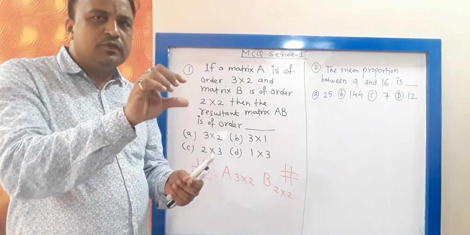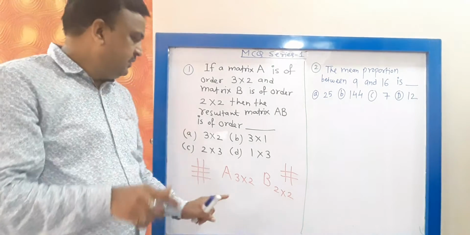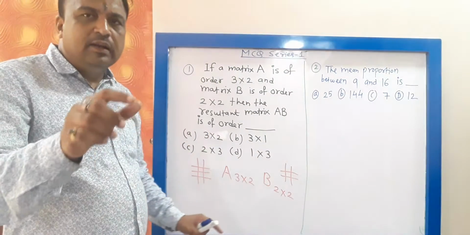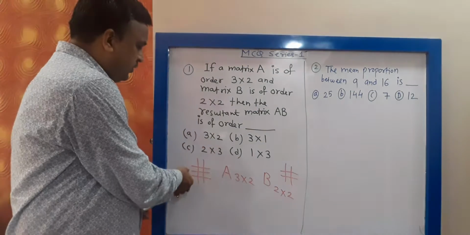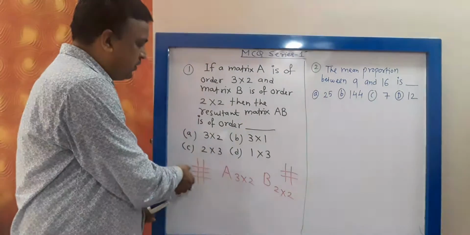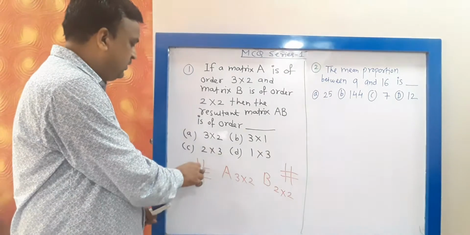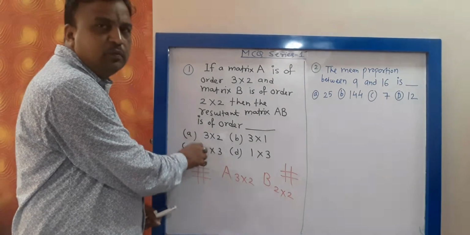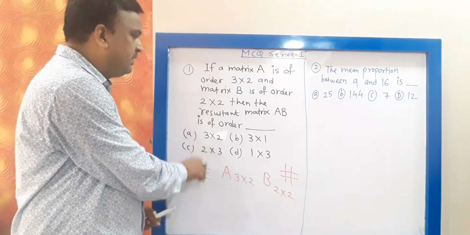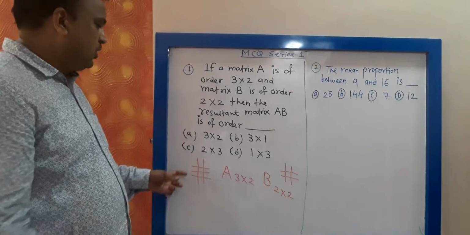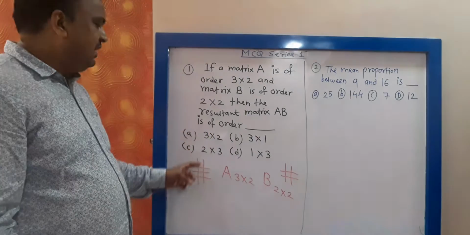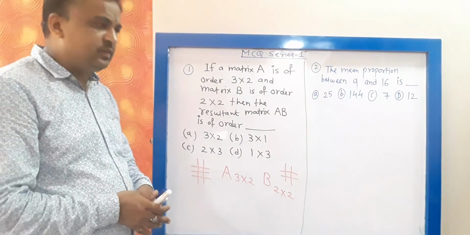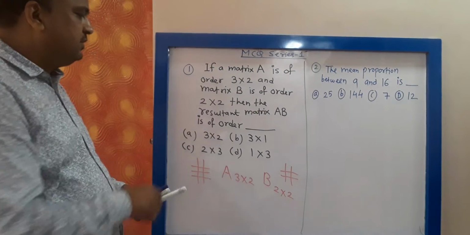Number of rows by, this cross denotes by, number of columns. Rows means horizontal lines or horizontal arrangements, and columns means vertical arrangements or vertical lines. So horizontal lines denote the number of rows, vertical lines denote the number of columns. So let us come back to this question.